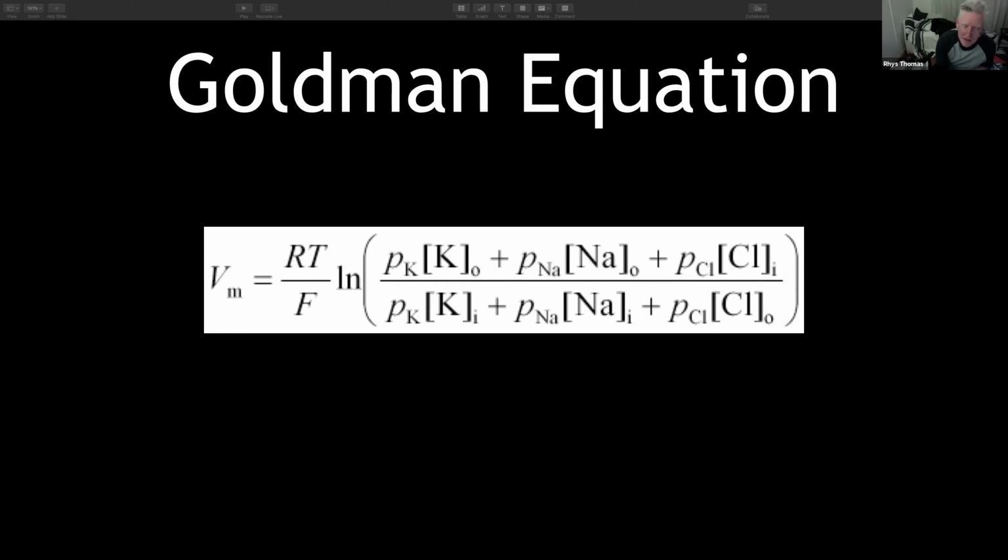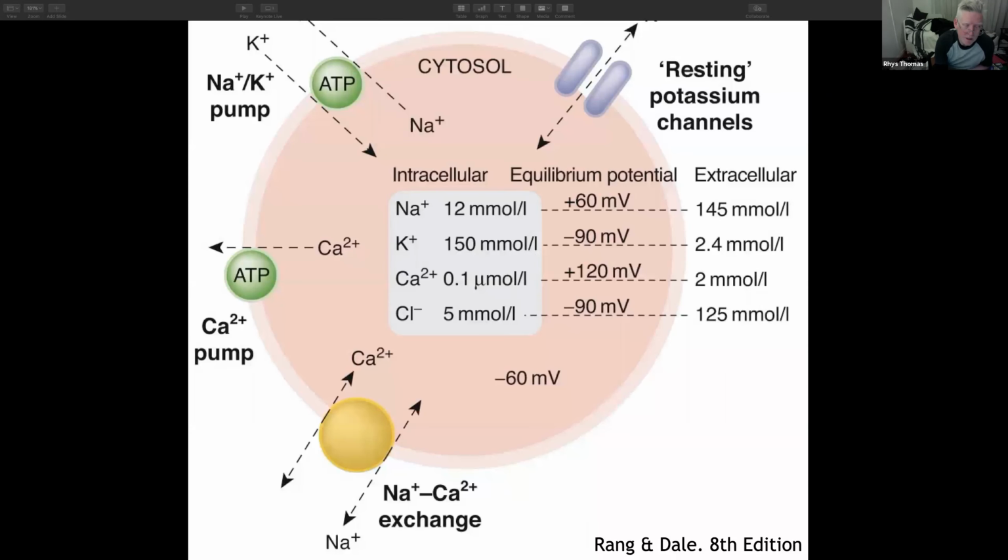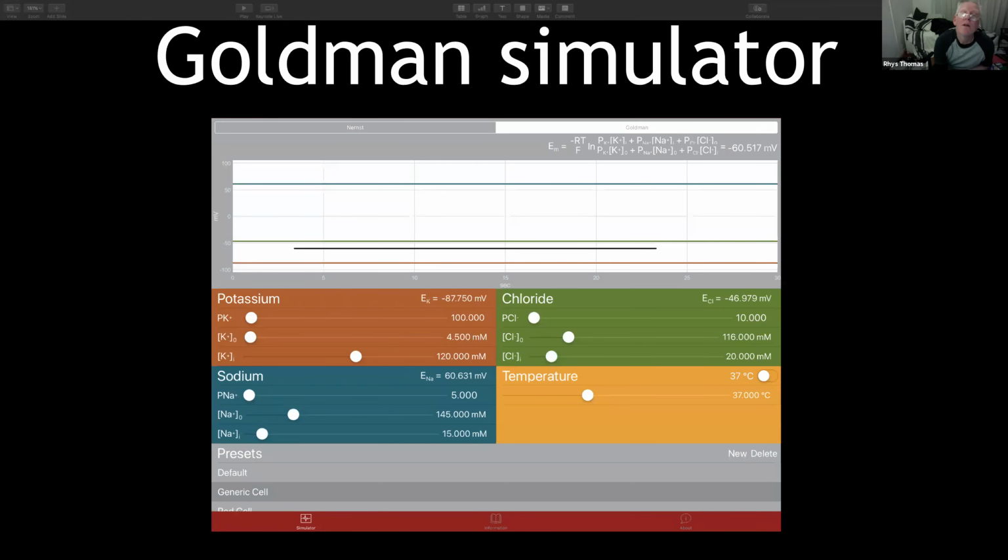So, okay. We kind of covered what I wanted to say about the chloride permeability. Now with the Goldman equation, there's actually a simulator where you can play around with this.